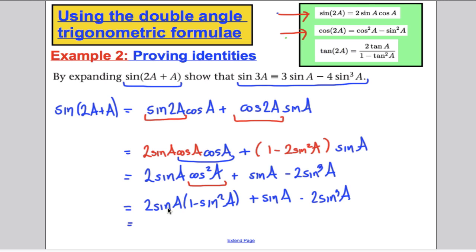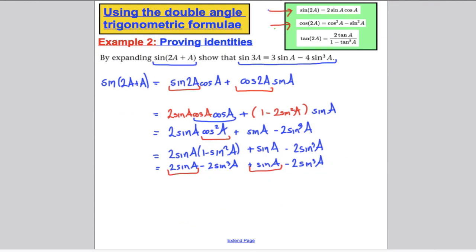Okay, we're going to expand this out then. This would be 2 sine a minus 2 sine cubed a plus sine a minus 2 sine cubed a. And now we are virtually there because 2 sine a plus this sine a gives us the 3 sine a we're after.